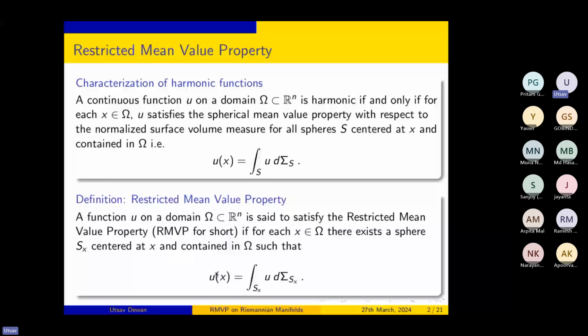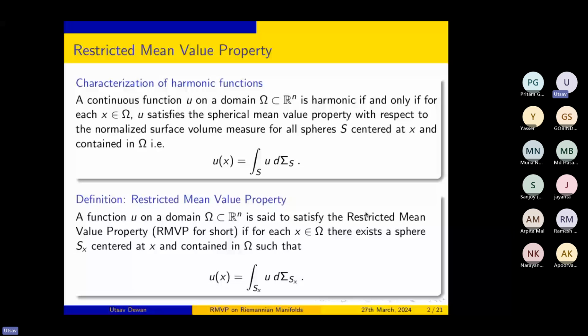The key difference between the usual mean value property and this restricted mean value property is that for each x in omega, we are only assuming that the function satisfies the spherical mean value property on one such sphere centered at x, not all the spheres that are contained in the domain and centered at x. So it's certainly a weaker notion of mean value property than that of the harmonic functions.